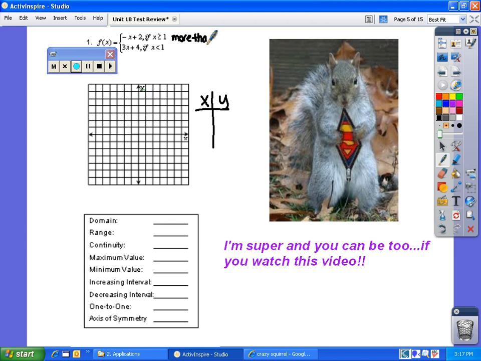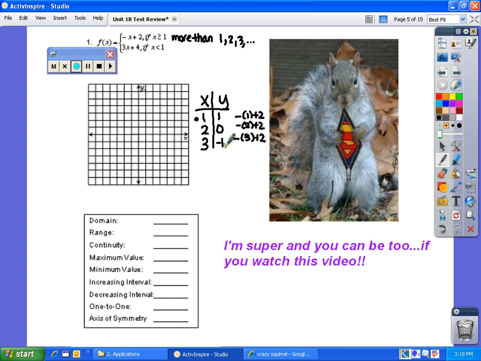So if it's more than, we need to include 1, then 2, then 3, etc. The 1 is going to have a closed circle when we actually graph it. So, negative of 1 plus 2 is 1. Negative of 2 plus 2 is 0. And negative of 3 plus 2 is negative 1.